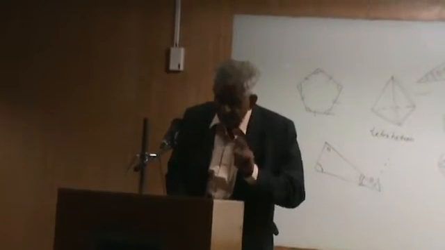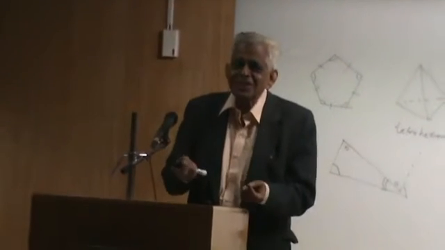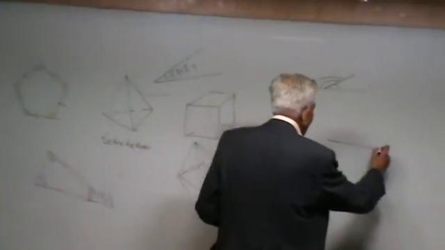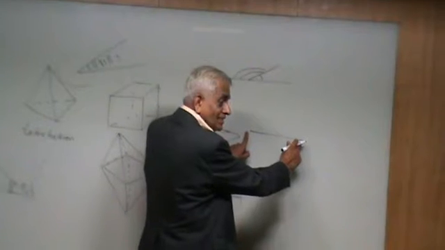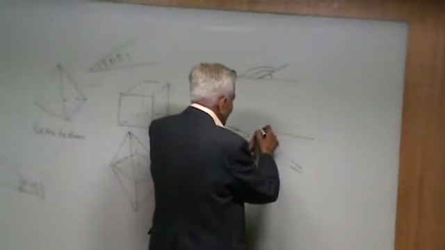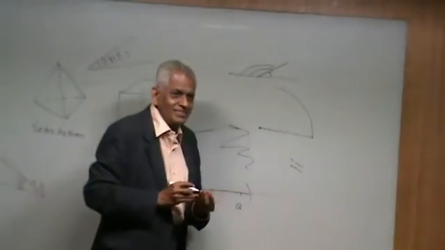Similarly, Euclid's circle. A circle is one which you can draw with a ruler and compass. You put the compass at this center and you can draw this circle.